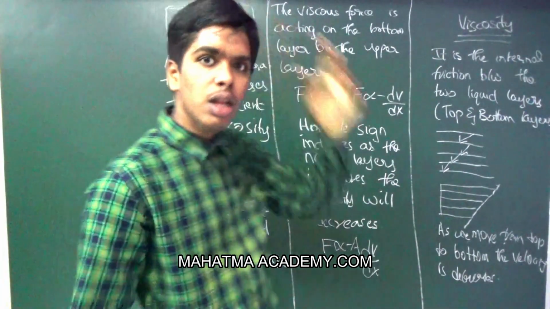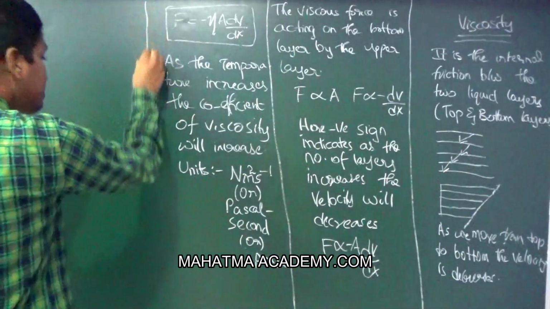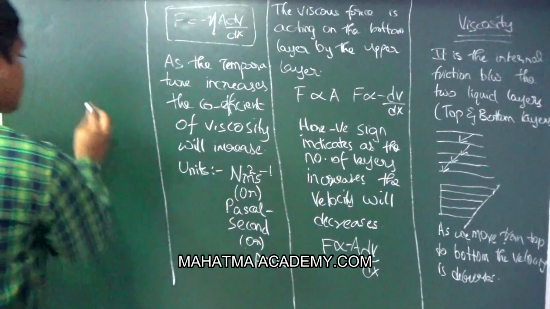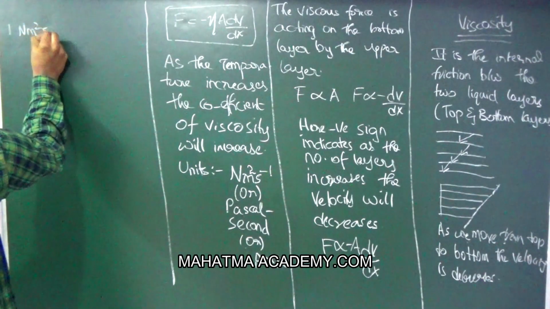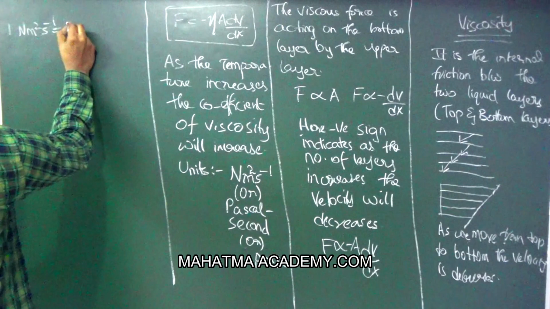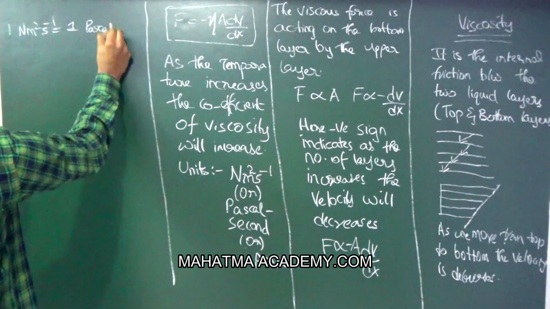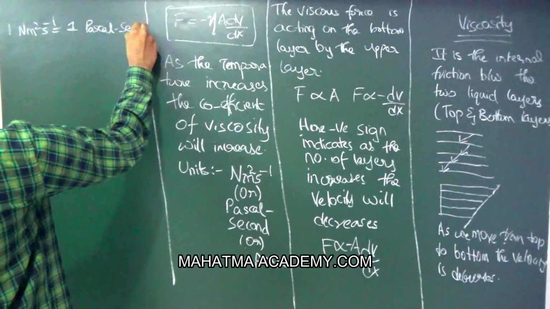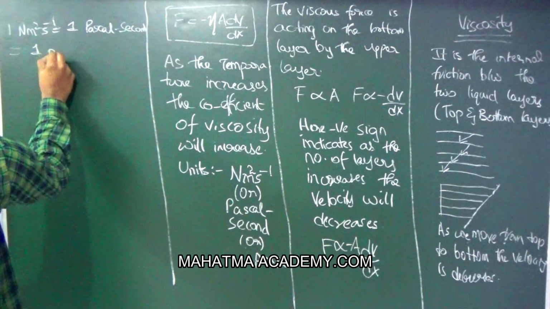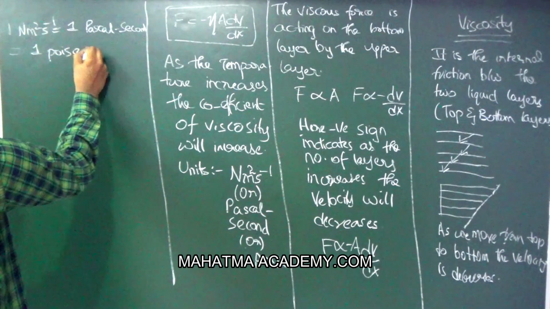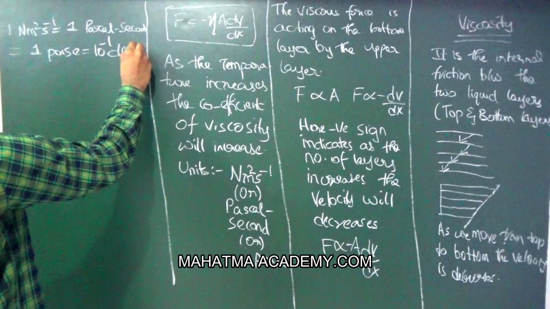Now the relationship between these three is: 1 Newton second per meter square is equal to 1 Pascal second, is equal to 10 poise, is equal to 10 to the power of minus 1 decapoise.